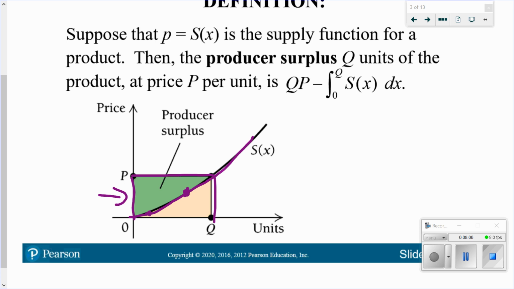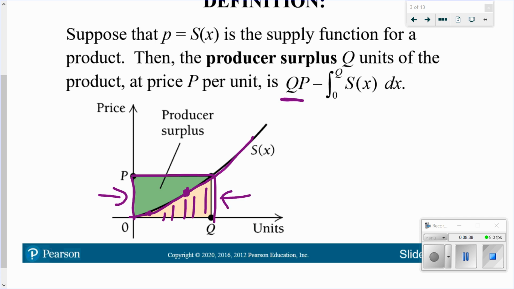So in this case, the box that represents what we paid for the goods, or from the producer side, what we brought in for the goods, is larger than the supply curve. So we start with that rectangle, and then we're going to subtract out this section down here.